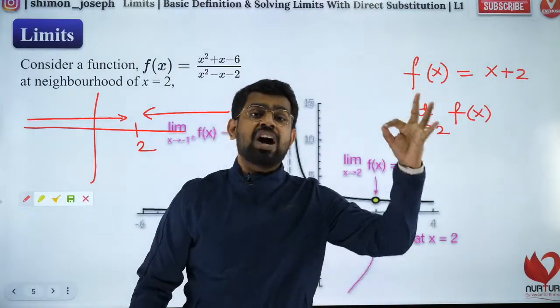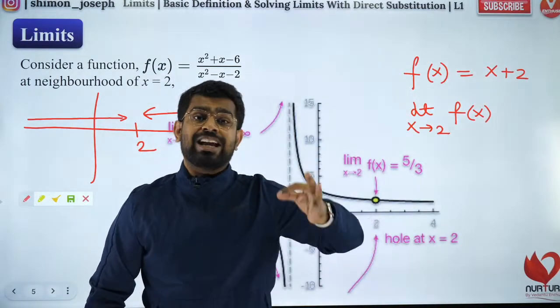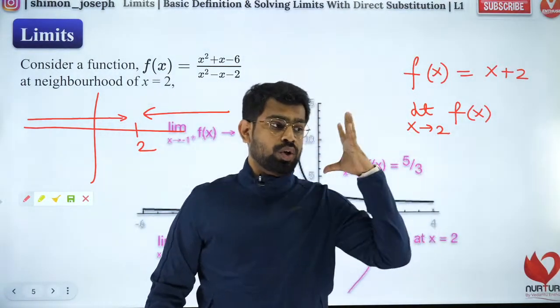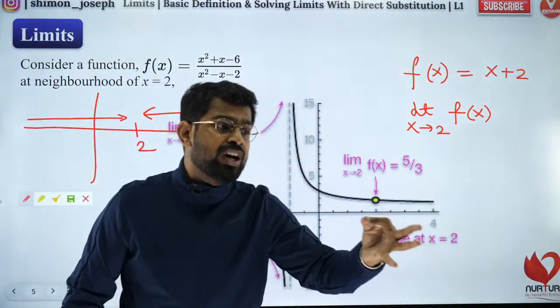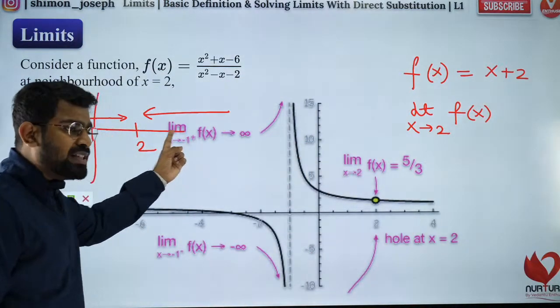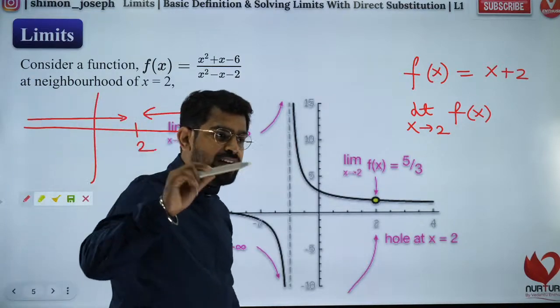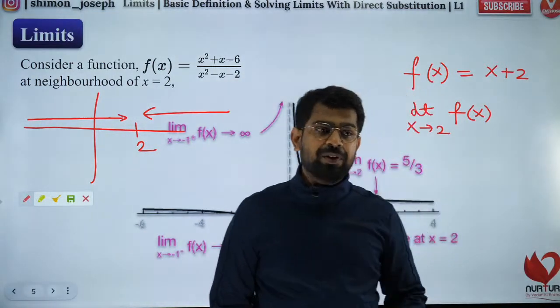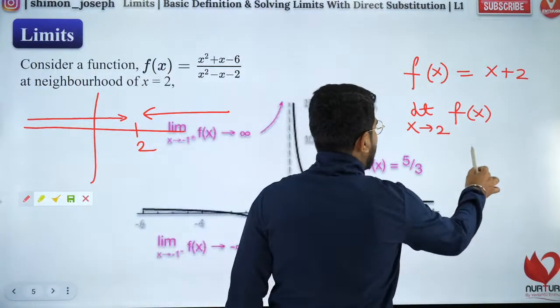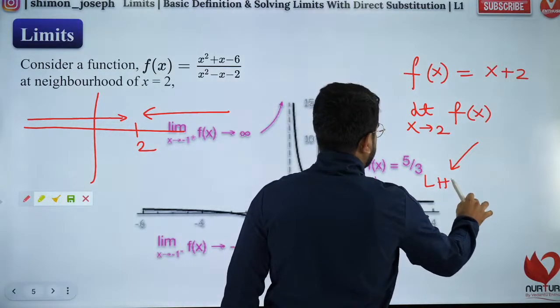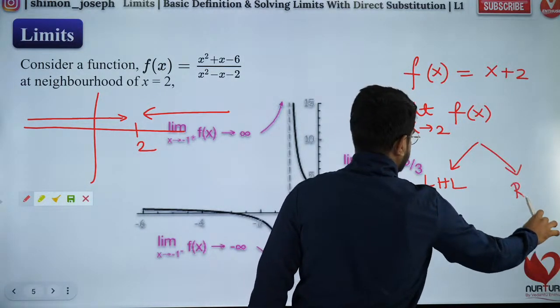What happens to my functional value as my x approaches 2? Now I can approach 2 from right hand side. I can approach 2 from left hand side. Is that correct, guys? Are you all happy with that? So that is what I call as my left hand limit and my right hand limit.